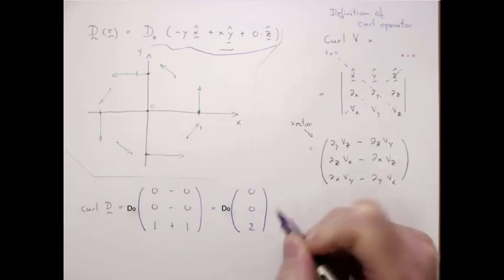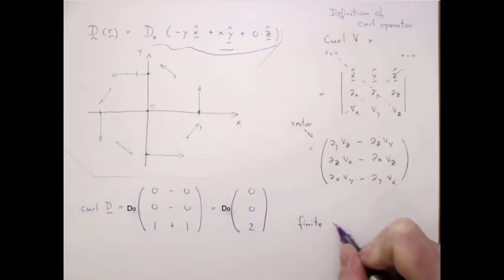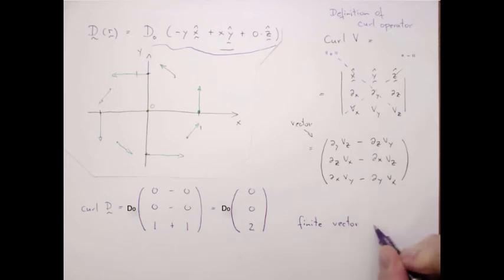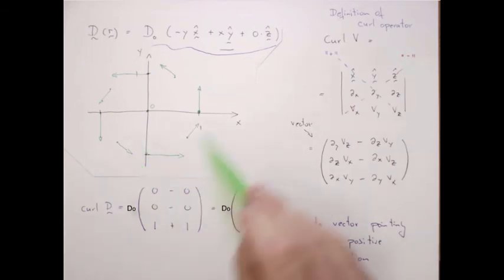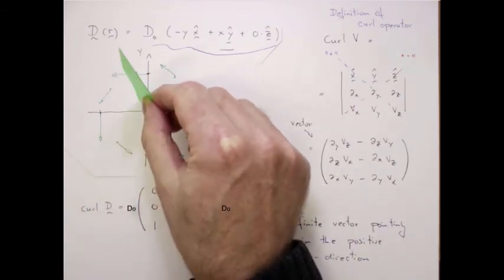So we have a finite vector pointing in the positive z direction. And indeed that's what we might expect, because the field curls. So we have a vector pointing upward like this.